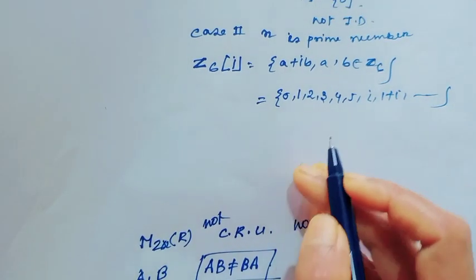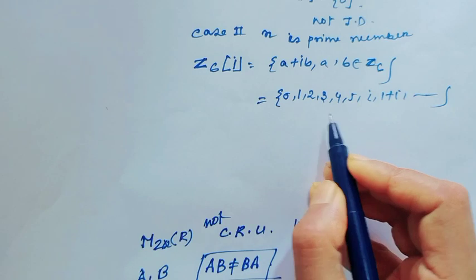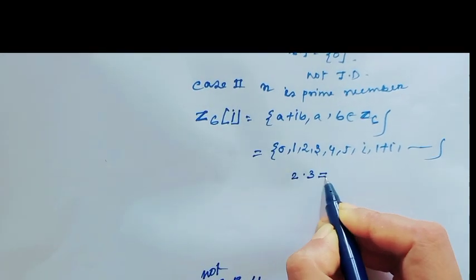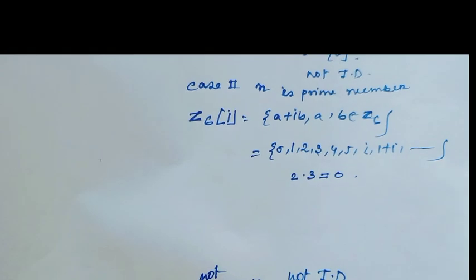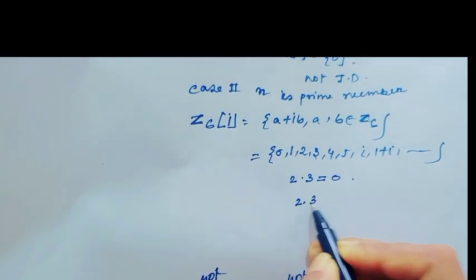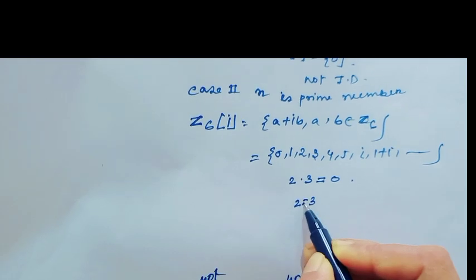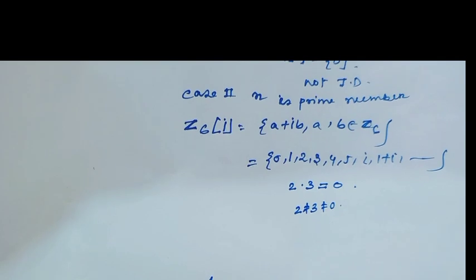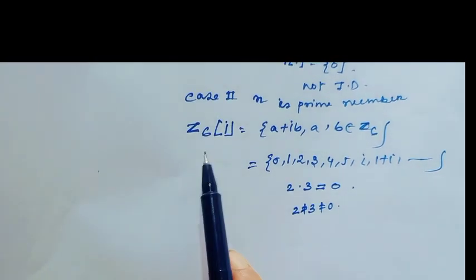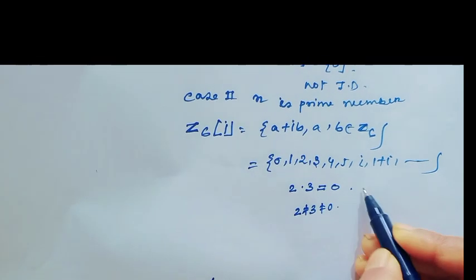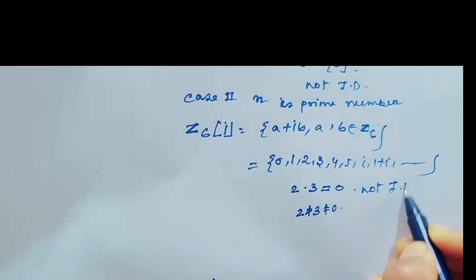And this is obviously not an integral domain, because consider these two elements 2 and 3. Their multiplication is 0, but 2 and 3 are both non-zero elements of this ring. So this contains zero divisors, so this is not an integral domain.